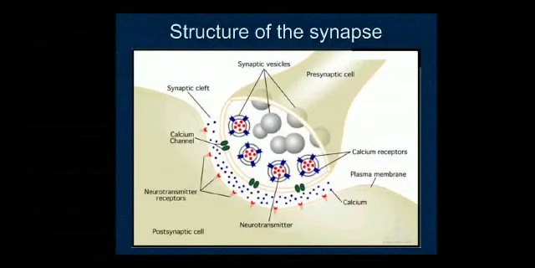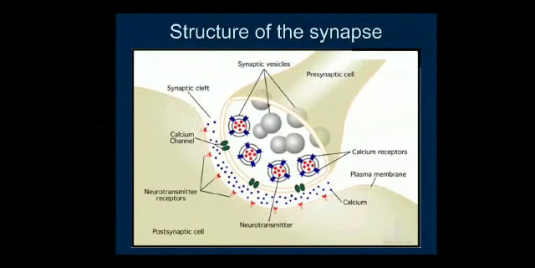The presynaptic part is formed by the axon of the neuron, and that forms the presynaptic membrane, and then we have the synaptic cleft, and then the postsynaptic membrane.